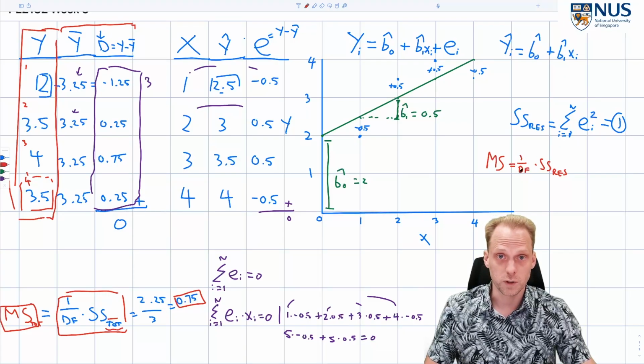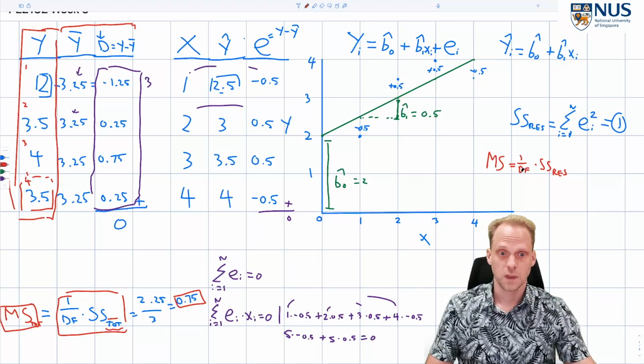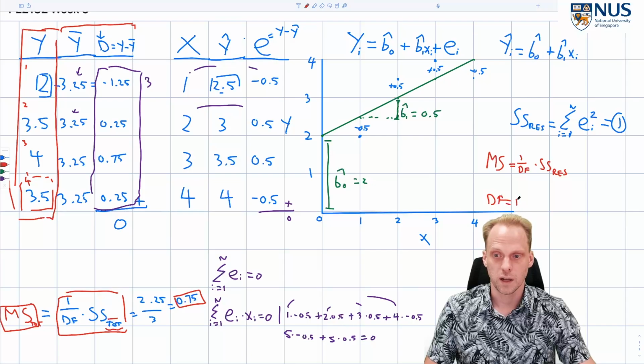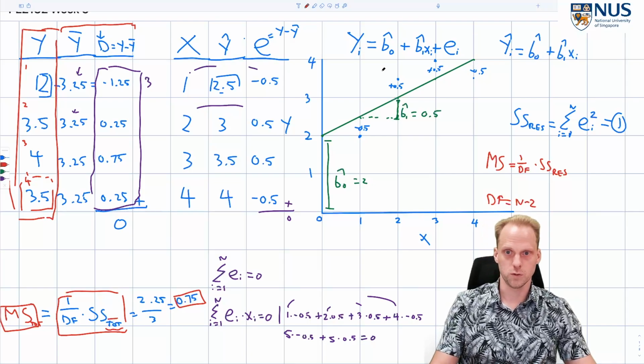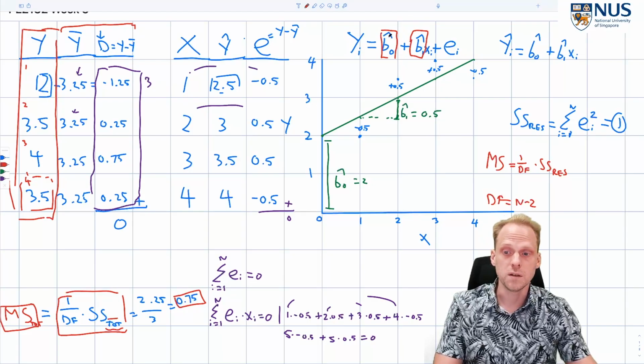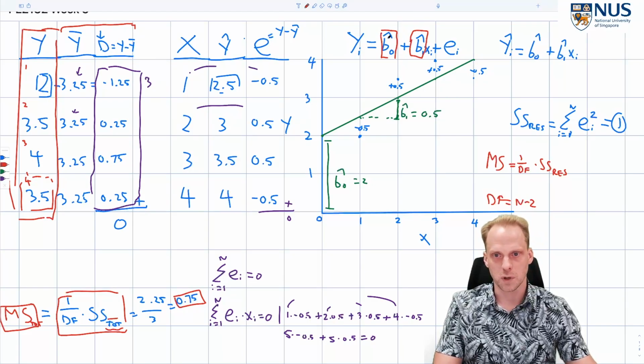So we need to know the degrees of freedom. Now in this case, the degrees of freedom equals n minus 2. And why is it 2? Because we have 2 pieces of information that we lost in estimating these 2 parameters. First we had only one, because we only had the mean, which in that case is the intercept. But now we had 2, because we also had this other parameter.